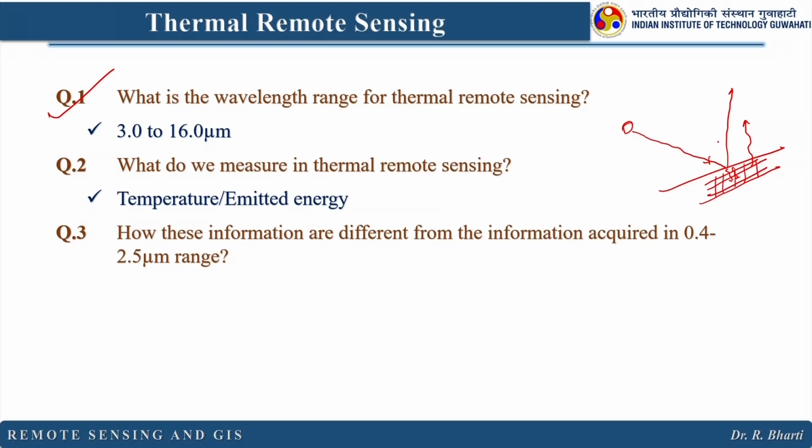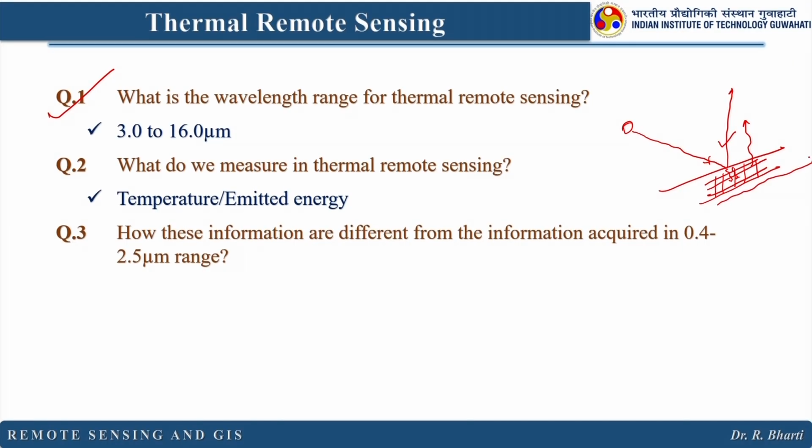So reflected energy is a superficial phenomenon, whereas emitted energy is a volumetric phenomenon, because the energy is stored in that material. And reflected energy is reflected from the surface itself. This is the basic difference between reflected and emitted energy.